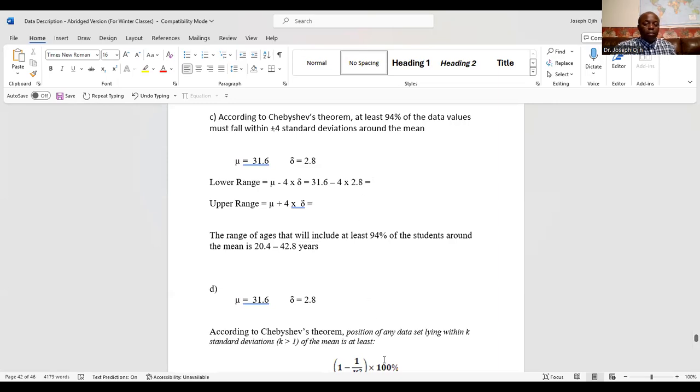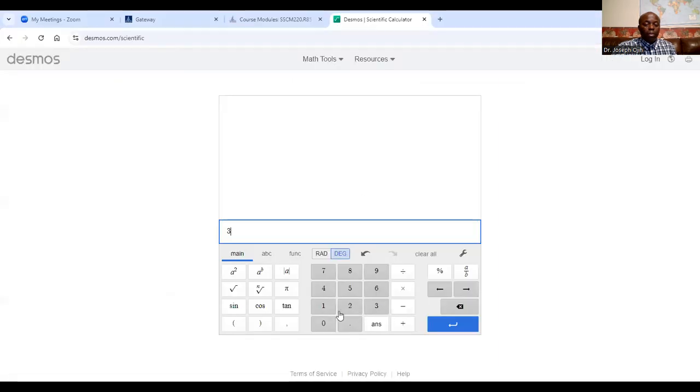That gives me 20.4. Yes, 20.4 years. Let's go and put it in. 20.4 years.